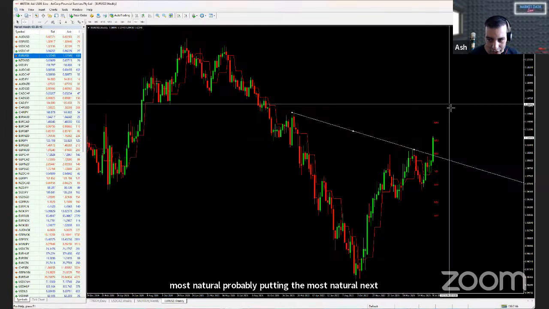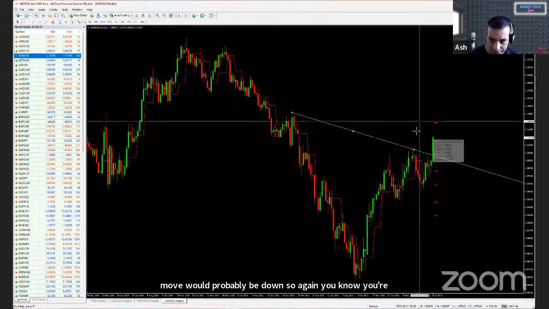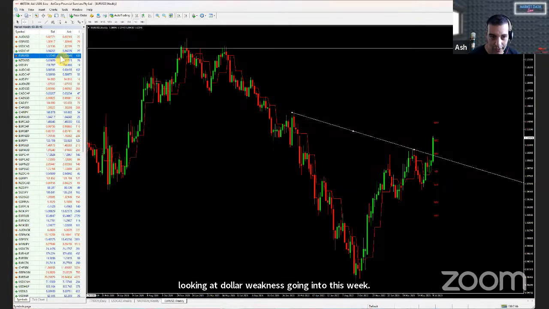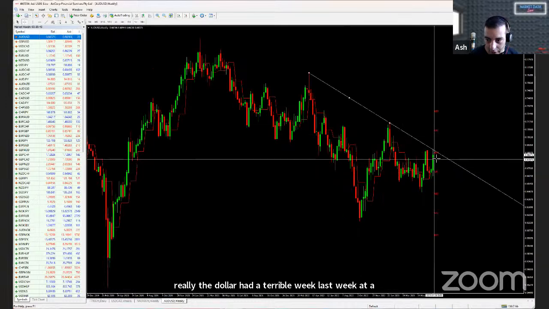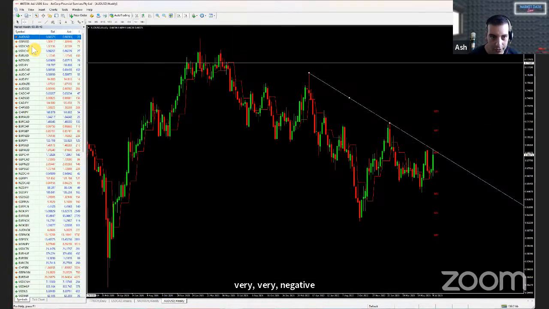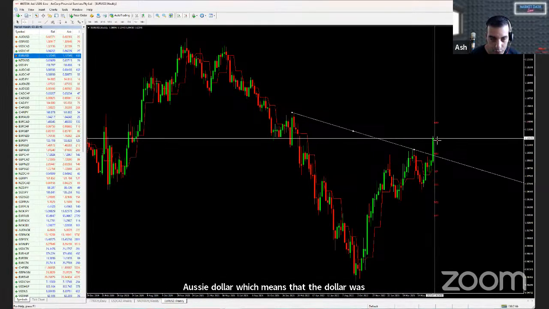So again, you're looking at dollar weakness going into this week. That's a strong looking bar, and the dollar really had a terrible week last week. It had a very negative week. Back to the Aussie, we see some upside for the Aussie dollar, which means that the dollar was weak. Upside for euro dollar, the dollar was weak in that time period as well.